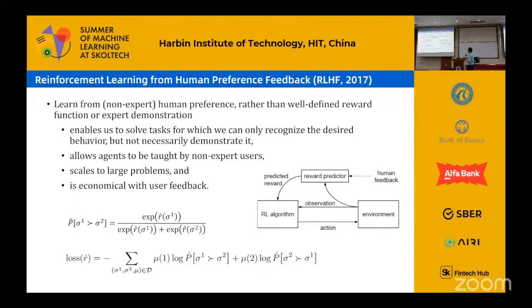But humans really can recognize the desired behavior. For example, this trajectory is better than that trajectory. This is why we say that through reinforcement learning, we can scale this kind of supervision, because you do not need to demonstrate the right actions or behaviors. You only need to label which behavior is good and which is bad.